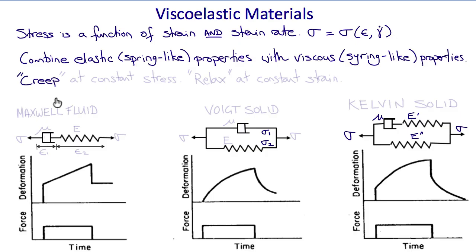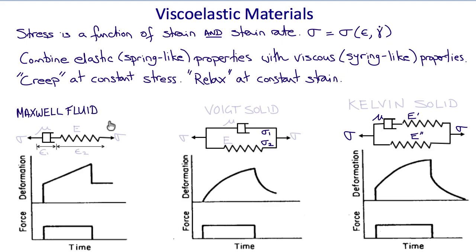They exhibit behaviors such as creep at constant stress, so their length doesn't remain fixed at a constant load, and they relax at constant strain, so the amount of force required to hold them at a constant length decreases over time. We can construct various different viscoelastic models by combining solid-like and fluid-like behaviors in different combinations.